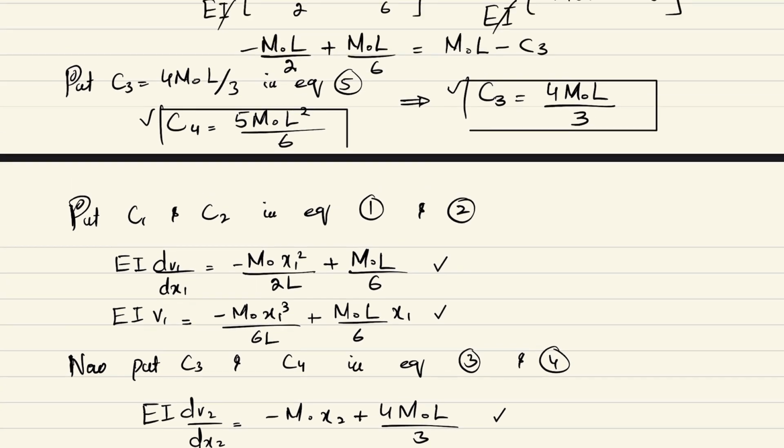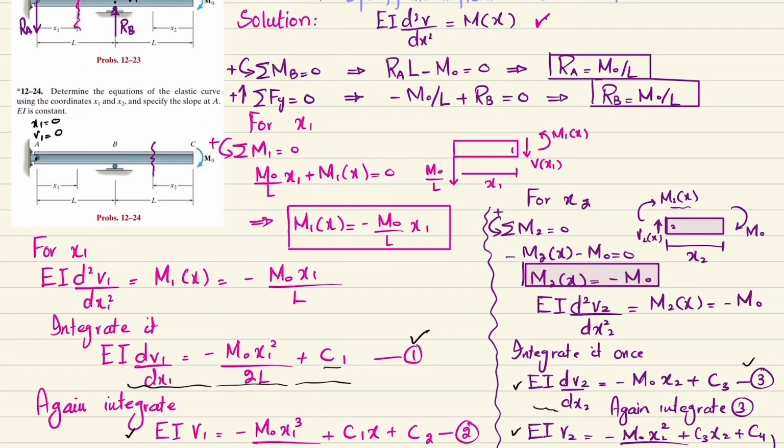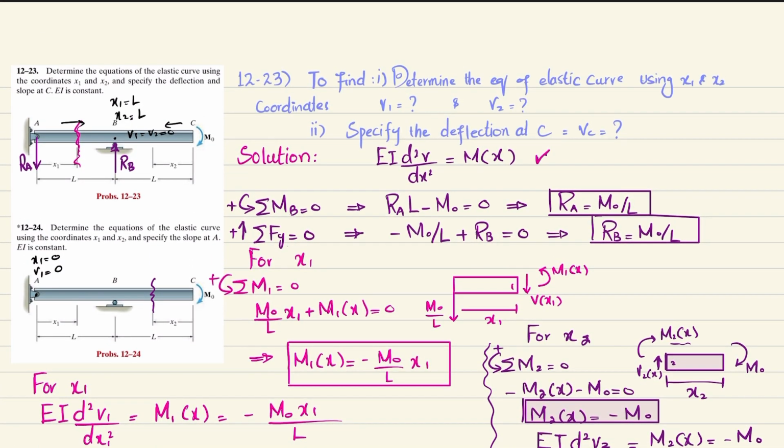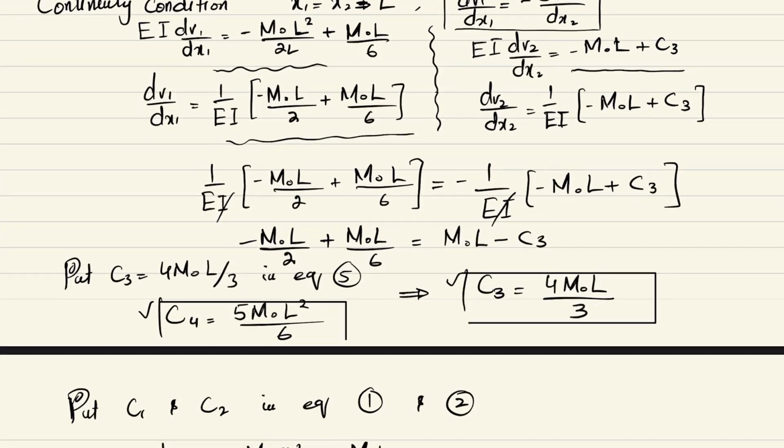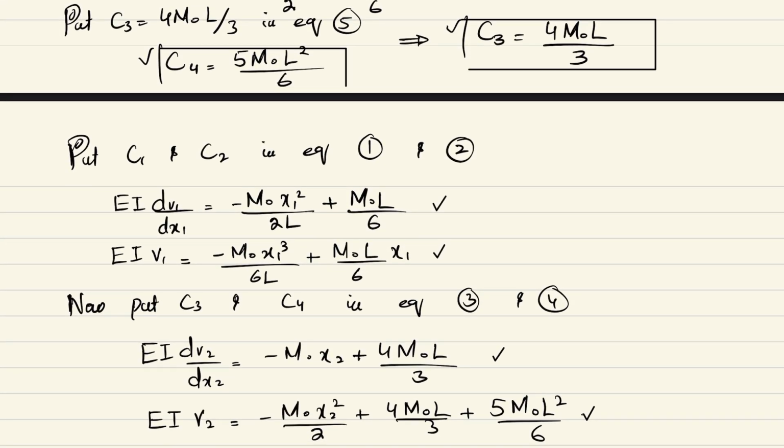Now we have solved one part, that is, v1 and v2. So these are the equations. If you divide both sides by EI, you will get v1 equal to 1 over EI times minus m naught x1 cube over 6L plus m naught L x1 over 6.